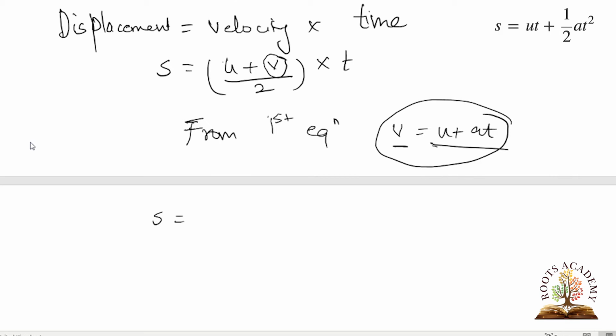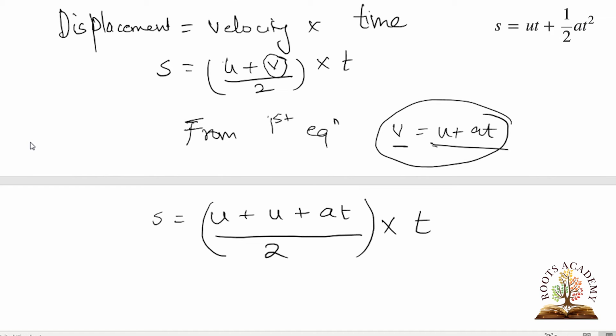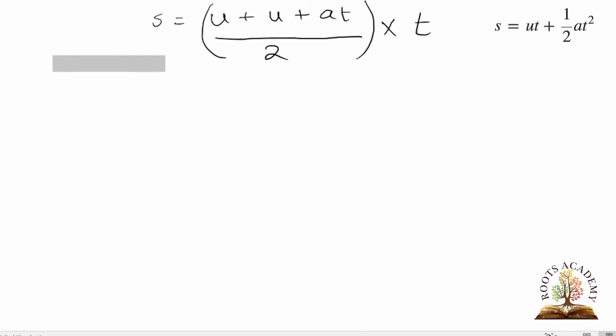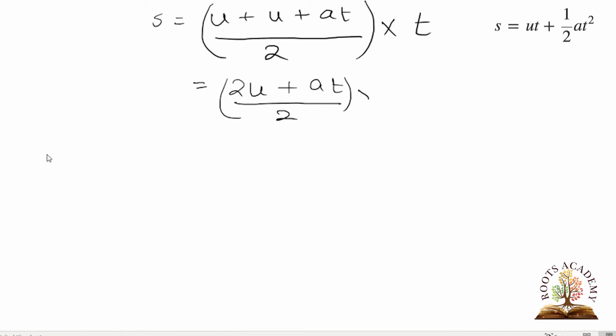Now the value is going to be (u + u + at) upon 2, in brackets, into time t. So u + u will now become (2u + at) upon 2, in brackets, into the time t.